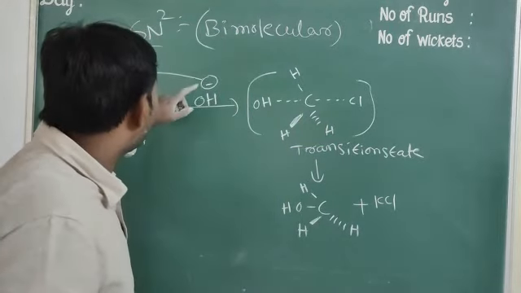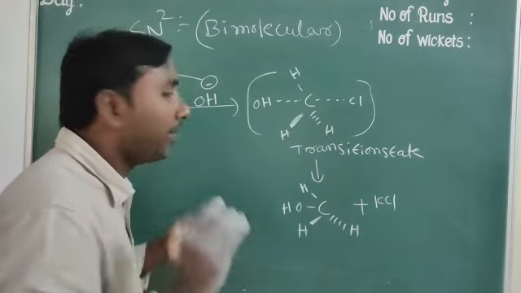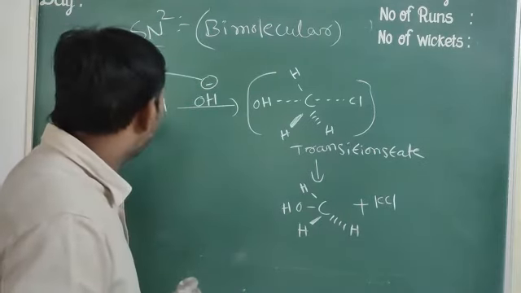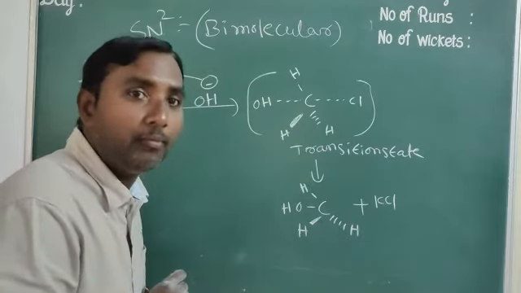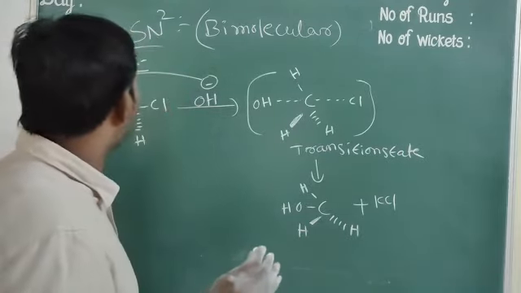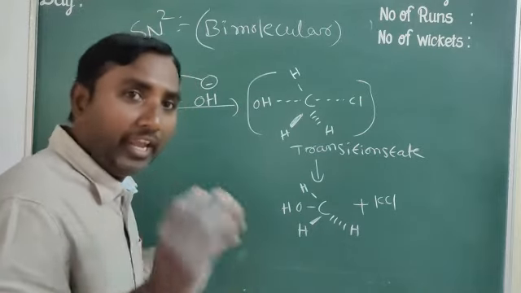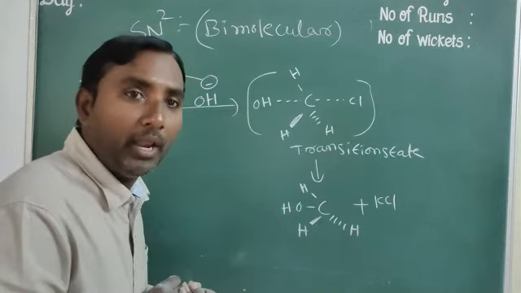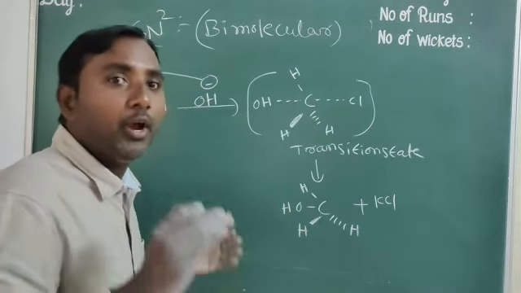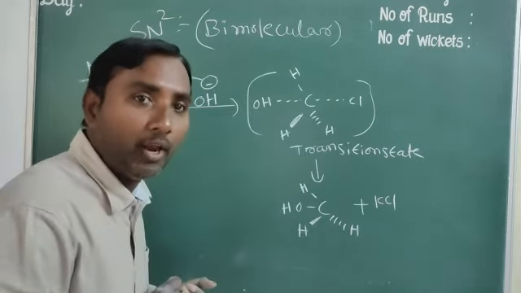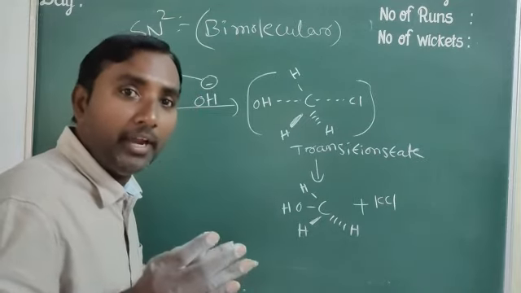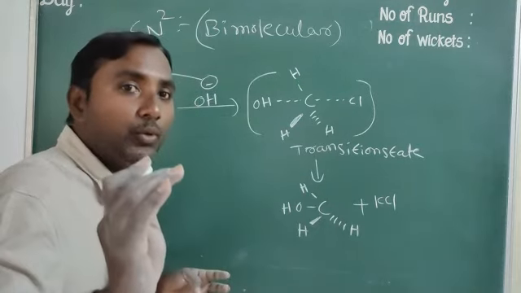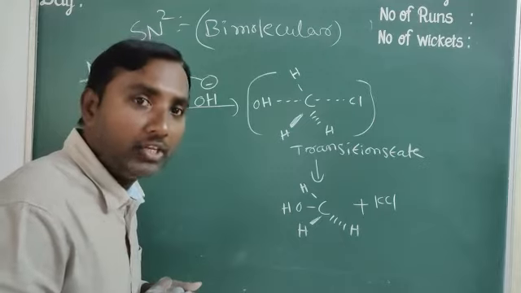Here the nucleophile attacks the primary haloalkane opposite to the leaving group. If the leaving group leaves from the right direction, the nucleophile attacks from the left side; if it leaves from the left, the nucleophile attacks from the right. Whatever it is, the nucleophile attack is opposite to the leaving group elimination.